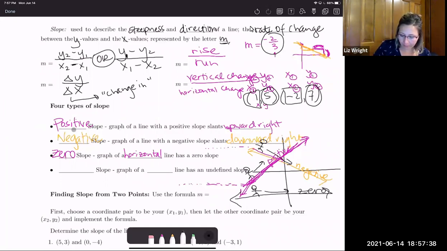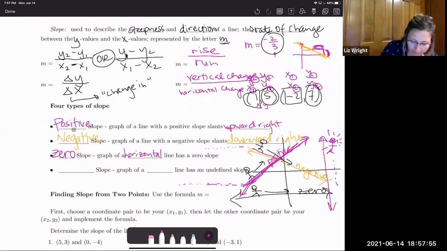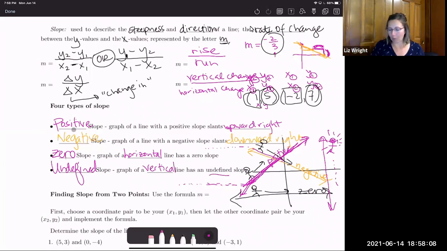Versus if I put one in here and it's a vertical line, and our guy is all of a sudden hanging here, and he's dropping and he's yelling undefined words. Ah! So it's not a zero slope, it's an undefined slope, because our guy is falling, yelling undefined words. That's a graph of a vertical line, and it has an undefined slope.